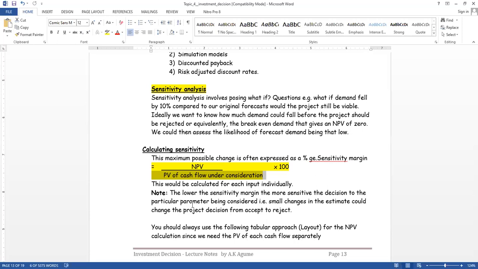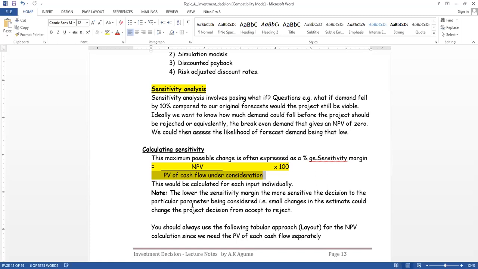So if you find that you have a low sensitivity margin, for example, you're looking at the sensitivity to maybe selling price, and you find that it is very low, that means that any slight change in prices would change your decision, either from accept to reject.